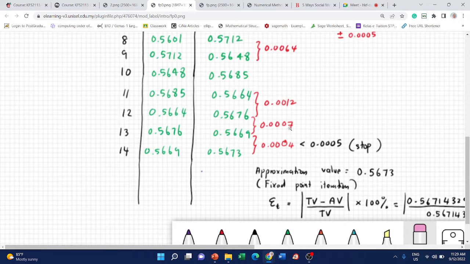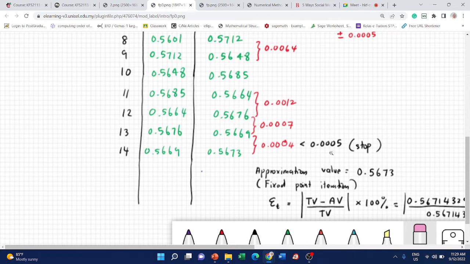Still bigger, right? But at the last two, between i13 and i14, g(x) has a difference of 0.0004. This is the first time that the difference is less than this value. So we stop the iterations. No need to proceed.